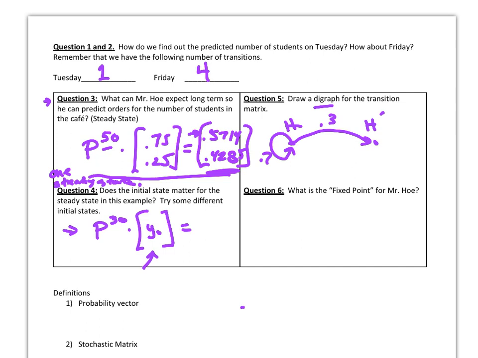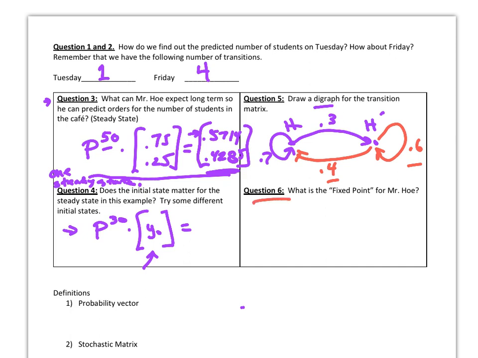Notice anything stemming from Mr. Ho is going to add up to 1. Then if I go from not Mr. Ho to not Mr. Ho, that would be 60%. And then going over here is going to be 0.4 that are going to transfer over. Notice that these two values, once again, add to 1. So this would be a digraph for our situation.